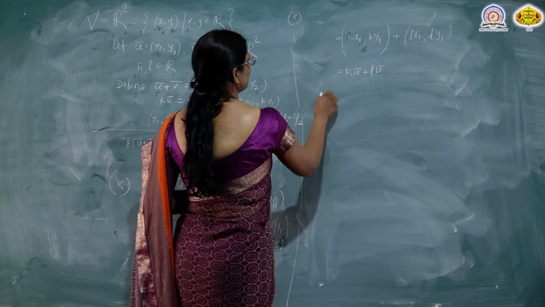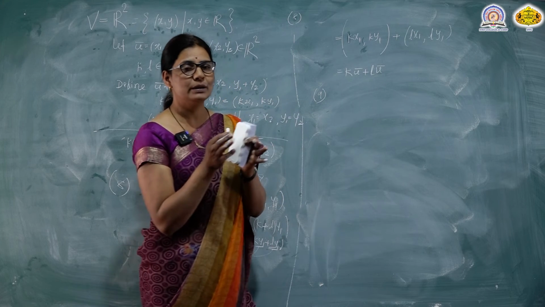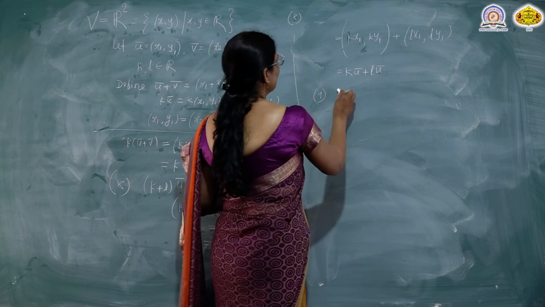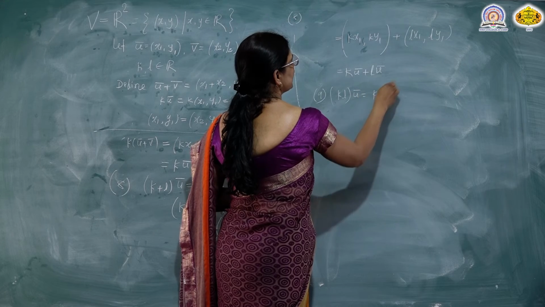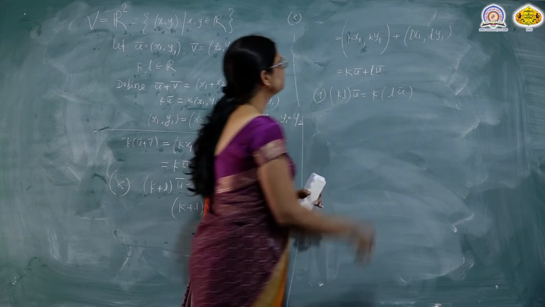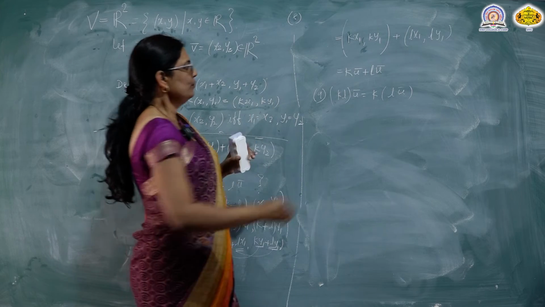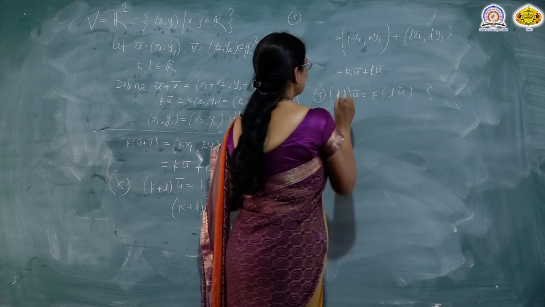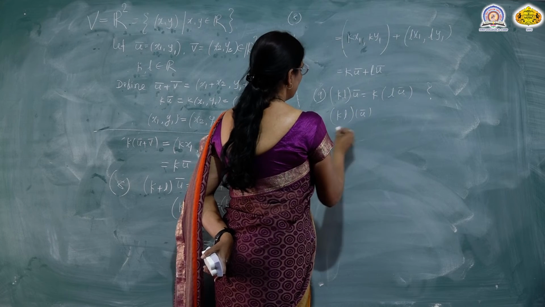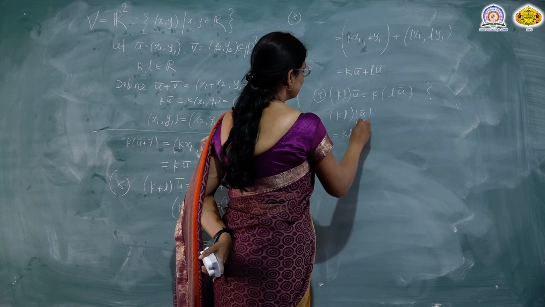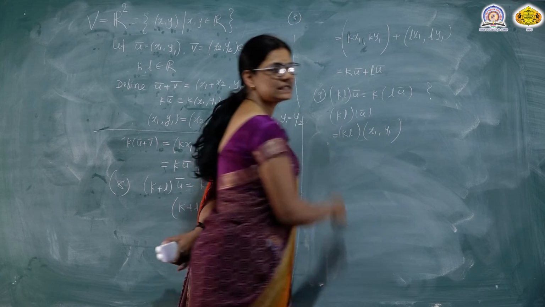Now concentrate on the next property, that is the 9th property. So first write what the 9th property is and try to prove it. Our 9th property is KL times u bar can be written as K times Lu bar. So we want to prove this one. Starting with this, KL u bar is equal to, keep this KL as it is and put the value of u bar, which is x1, y1.